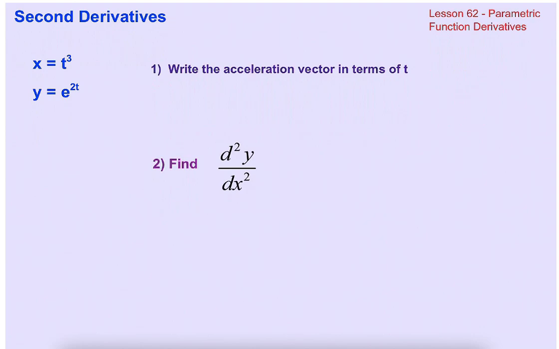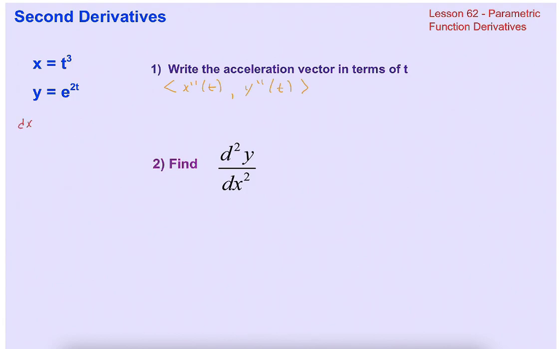If we want to talk about the acceleration vector, that just means both the acceleration in the x direction, which would be x double prime of t, and the acceleration in the y direction, y double prime of t. Because it's x double prime of t and y double prime of t, that means we're taking the derivative with respect to t twice. So we should be able to do that without any real trouble.